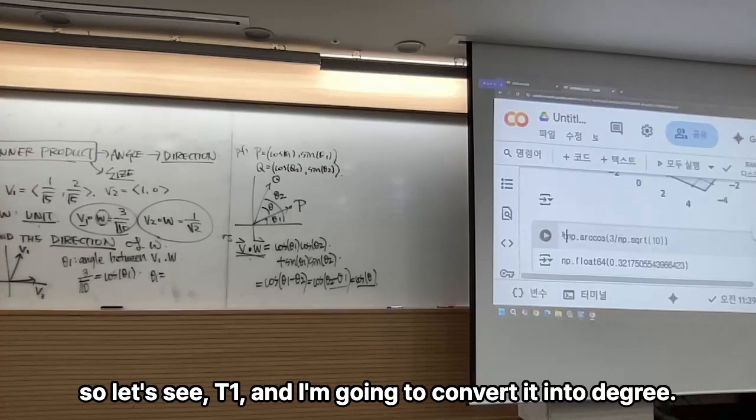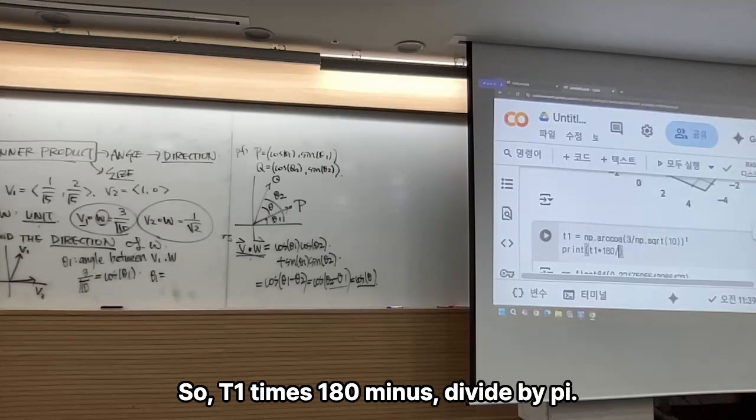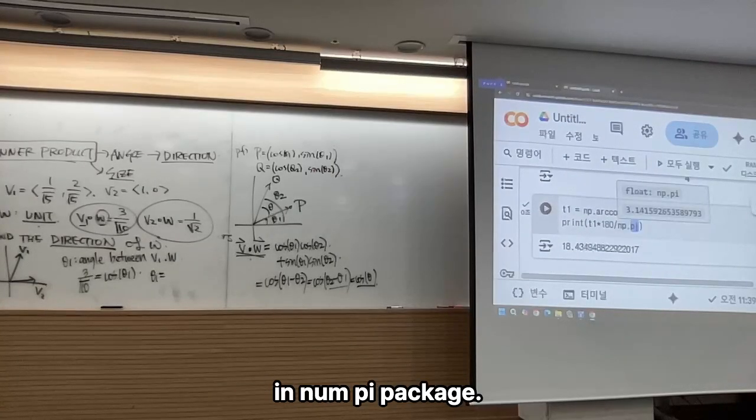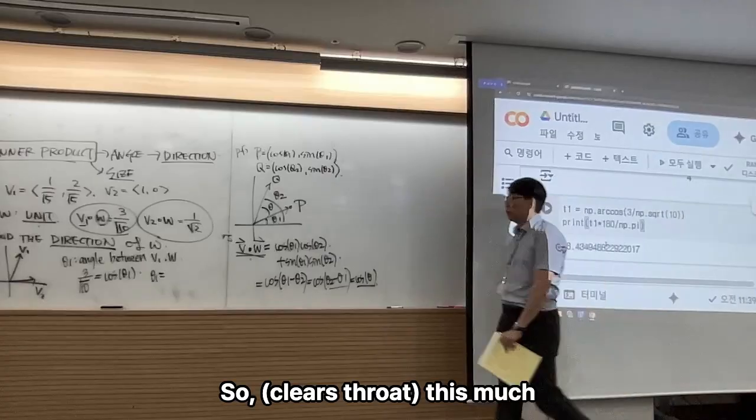So let's see the T1, and I'm going to convert it into degrees. So T1 times 180 divided by pi. Pi is stored as a constant in the NumPy package. So it says it's 18.43 degrees.